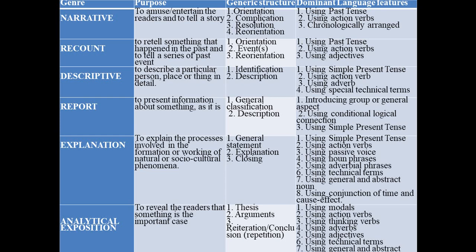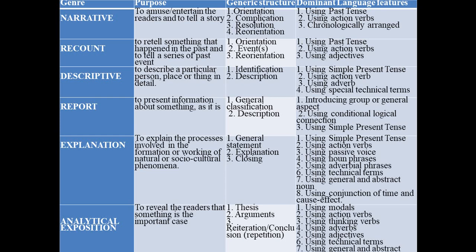The next genre is recount text. The purpose is to retell something that happened in the past and to tell a series of past events. You can say some fairy tales, or some stories, something like that.